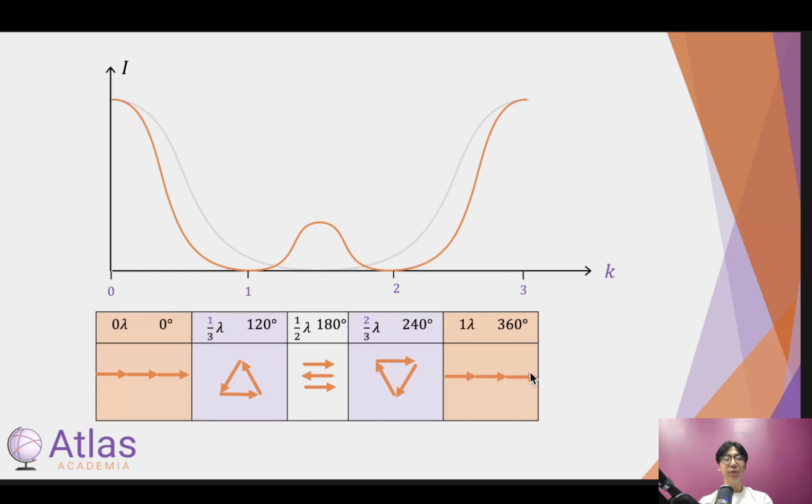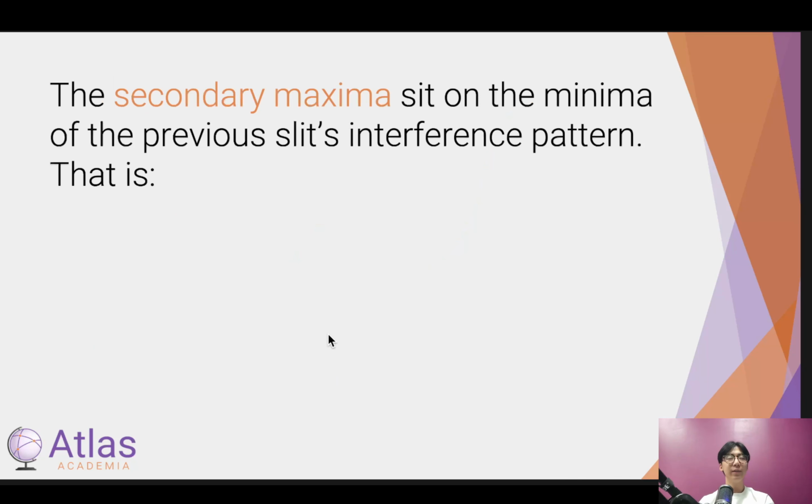Can you think of the condition for the secondary maximum? Well, we just said that secondary maxima sit on the previous slit's interference pattern. So if the previous slit number is n minus 1, the current number of slits minus 1, then if the path difference is equal to the exact same thing as before, but where n is equal to n-1 now, then we'll get the condition for the secondary maxima.